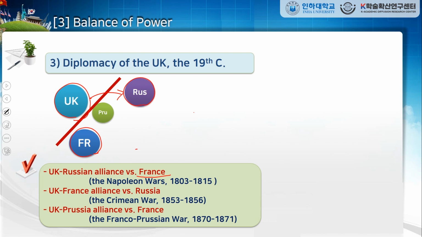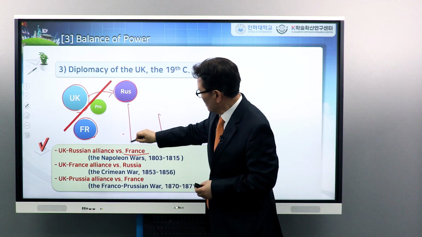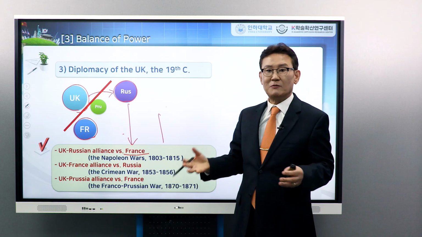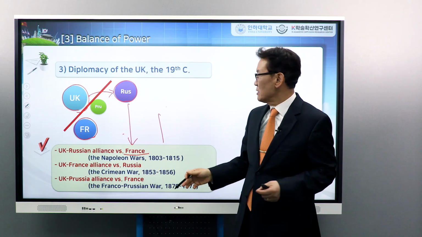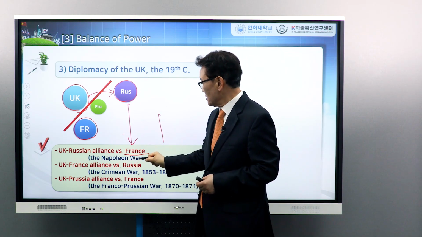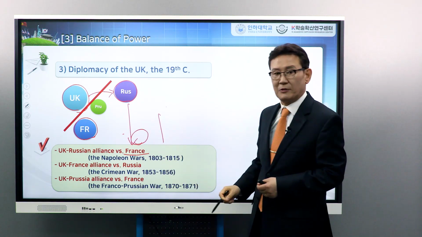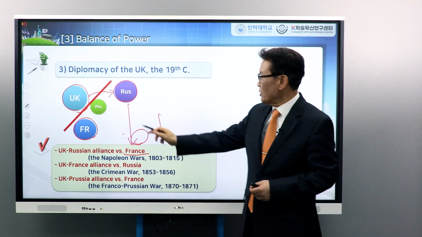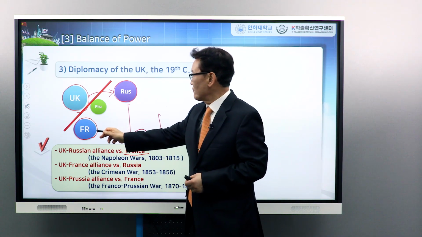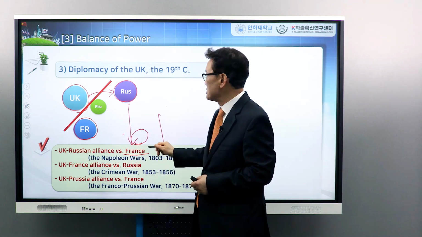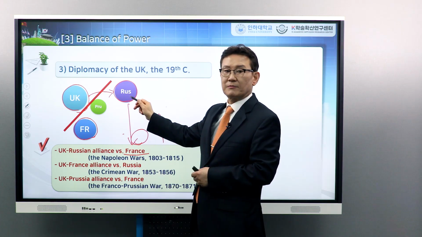After the Napoleonic Wars, the European economy was devastated. Russia became the strongest in the continent. Russia wanted the Crimea land, so Russia threatened Turkey to get the Crimea area. So the UK made an alliance with France and helped Turkey in order to defeat Russia.